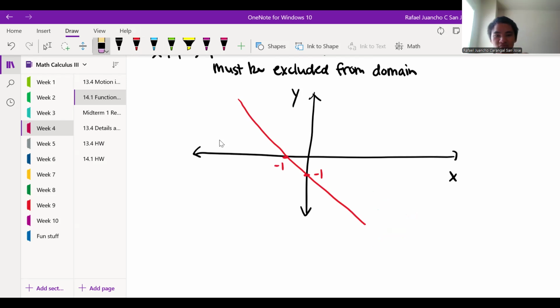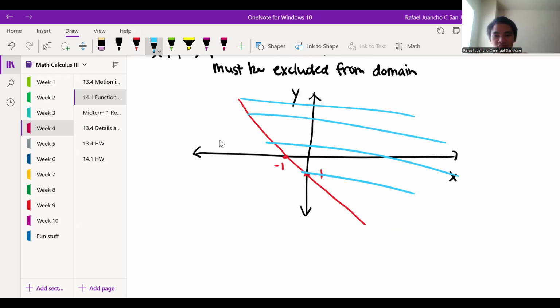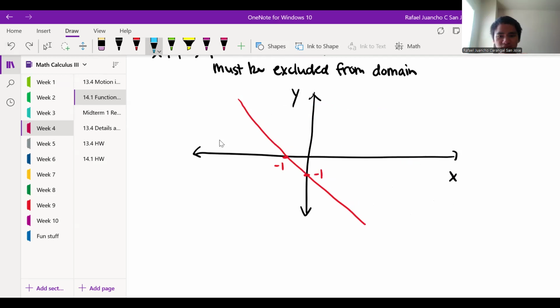So it's that domain. So it's all of these stuff. But then I have to exclude x equals 1, right? So I have to exclude this part. So we can get everything except for all of the points on this line.